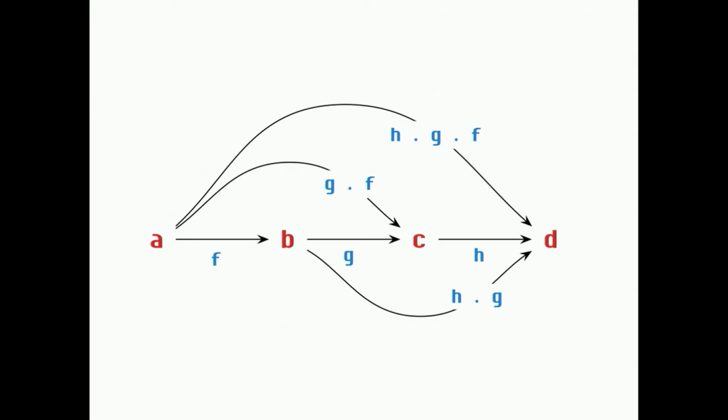Actually, h compose g compose f, sorry. So it's h after g after f. Great, and so all of the arrows, all of the routes or the paths through this diagram are the same function. And we say that this diagram commutes. That is, all the paths through it are the same. They're a function from A to D.